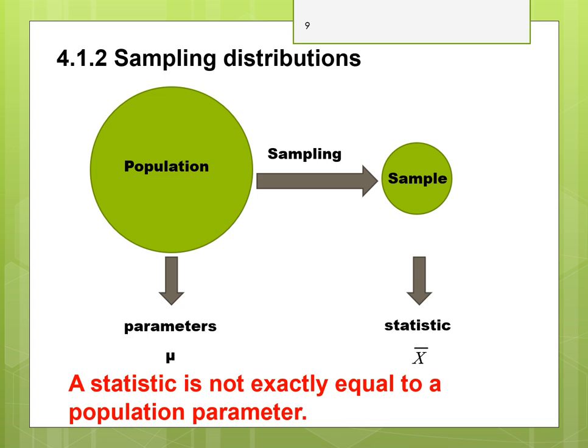But we expect x bar to give us an indication of the true value of mu, a ballpark figure, if you will. But how close will x bar be to mu?